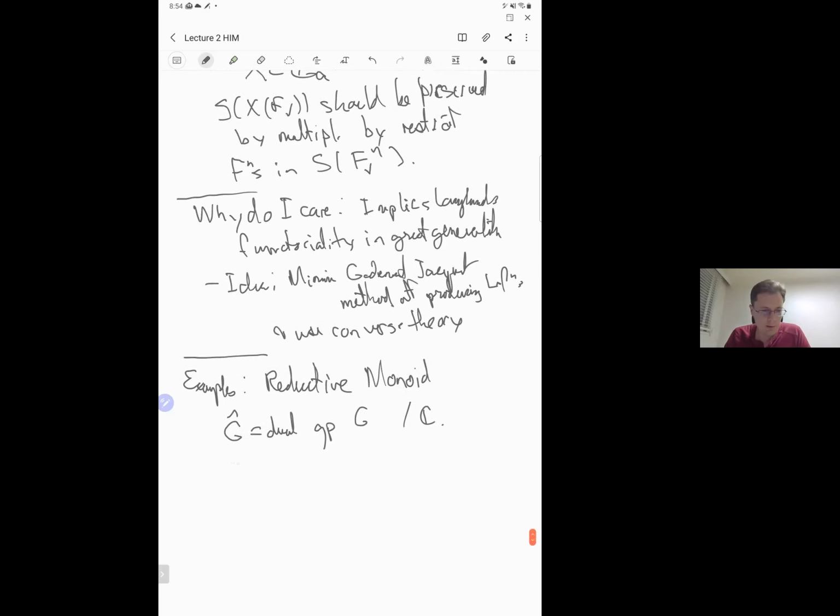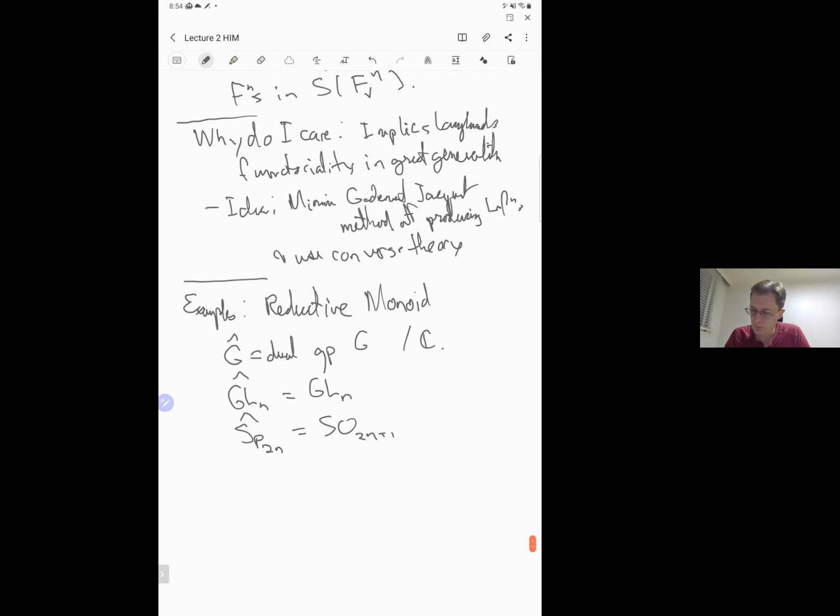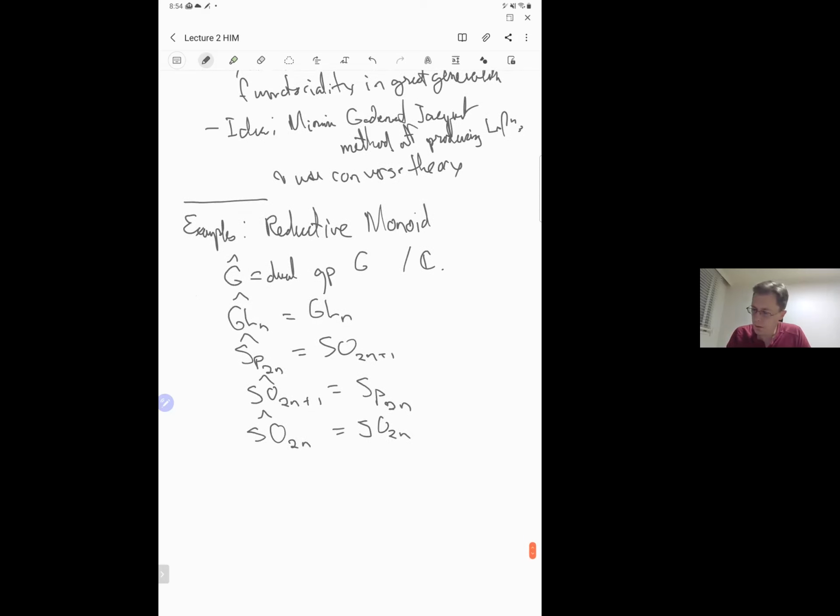And if you don't know what this is, then I'll just write down what it is in the classical cases. So you just take the root datum and you flip it, if you know what that means. All right.